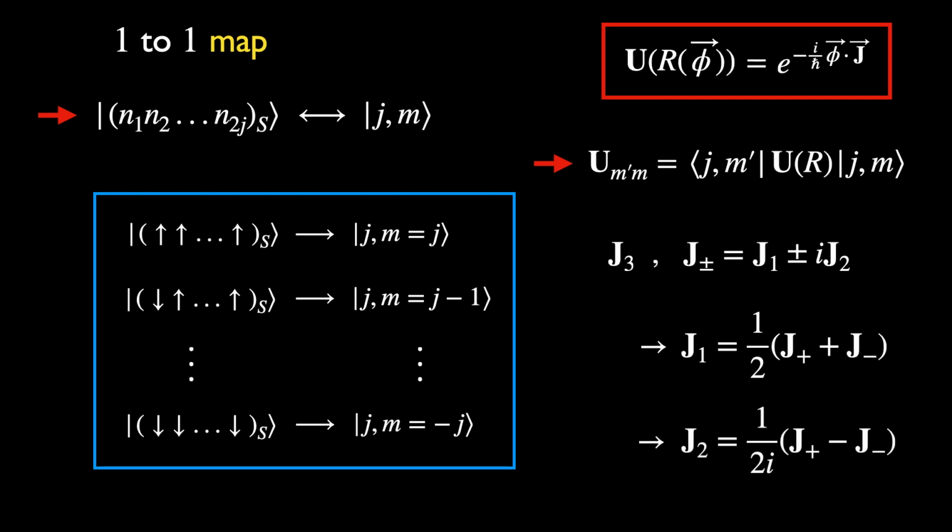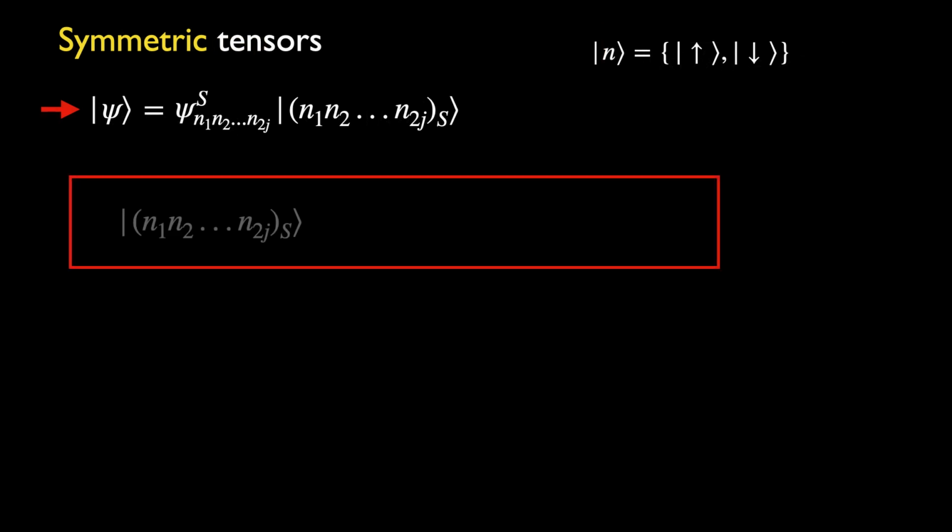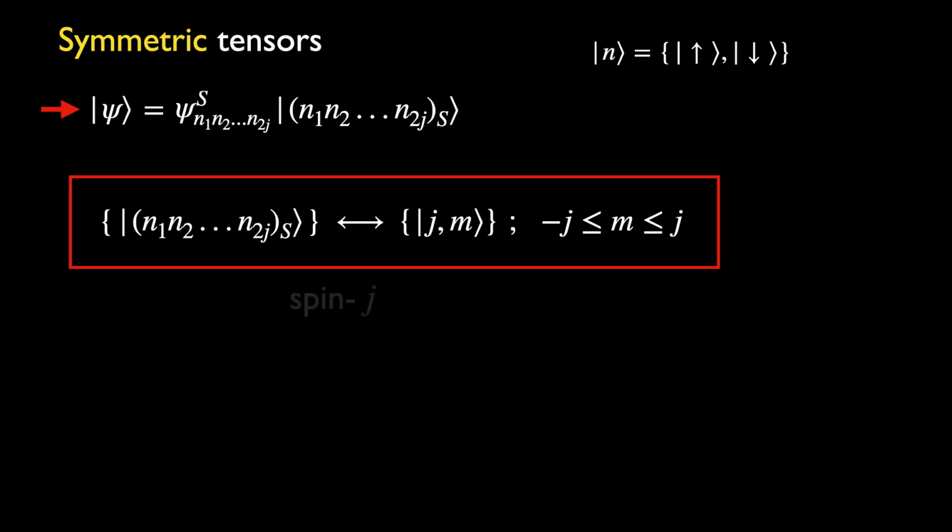And these are completely determined by the rotation algebra, which is independent of representations. Thus, we have shown that the symmetric states of 2j copies of spin half is equivalent to the j-multiplet with regards to rotations. This is the tensor representation of spin j.